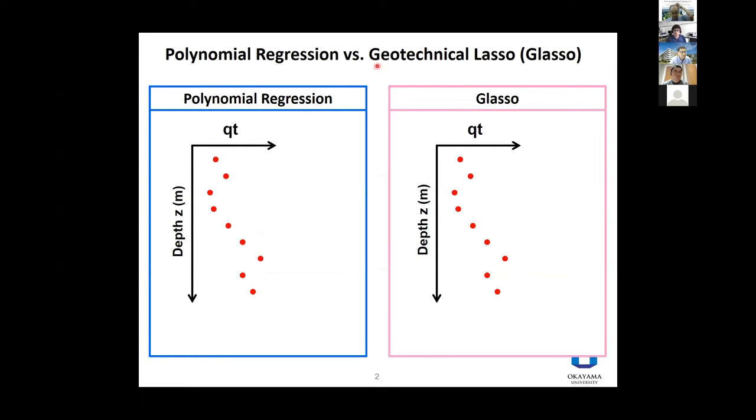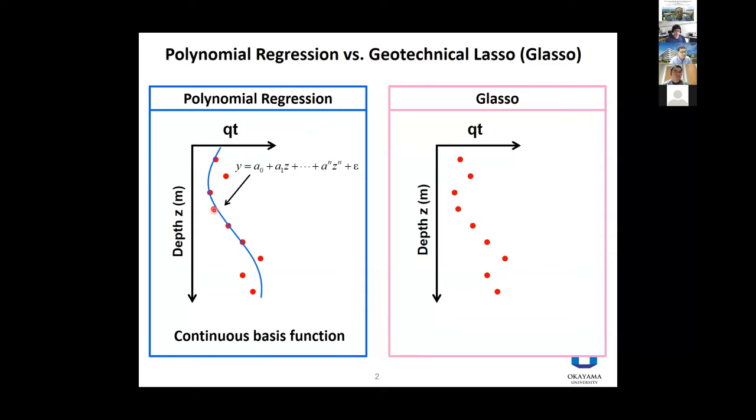This slide shows two site characterization methods. One is a polynomial regression-based method, and another is G-lasso. In the polynomial regression method, the trend among data is modeled by the linear combination of continuous basis functions.